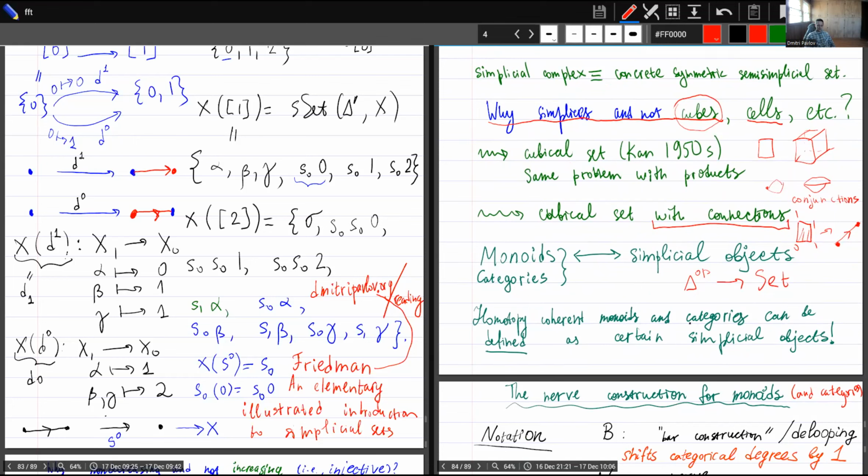You can see the construction being reversed, whereas previously you took a monoid or a category and constructed a simplicial object. In the homotopy coherent setting, you can actually go in the opposite direction and define homotopy coherent monoids as simplicial objects with a certain property.